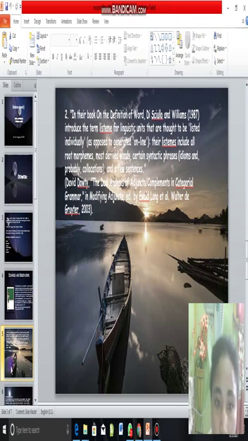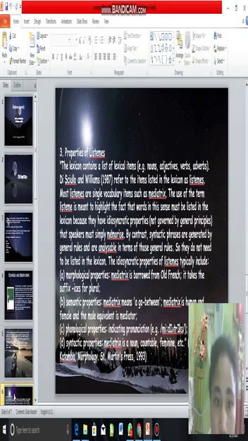And the next is properties of listemes. The lexicon contains a list of lexical items, for example, nouns, adjectives, verbs, and adverbs. Di Sciullo and Williams, 1987, referred to the items listed in the lexicon as listemes.